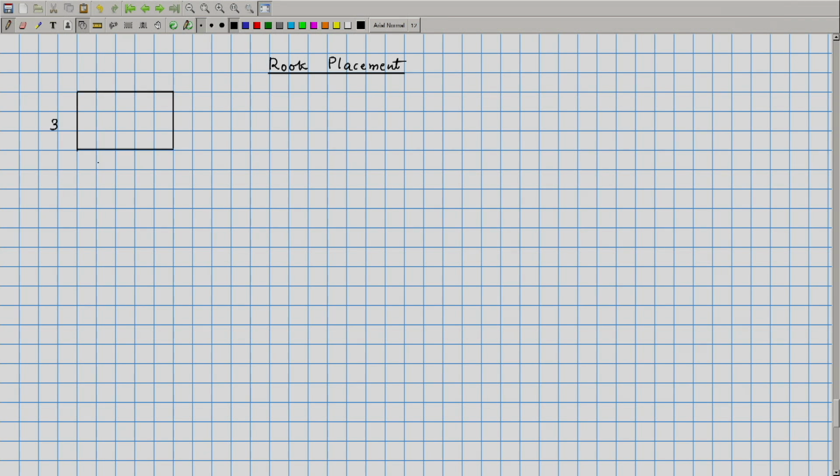So this is a 3 into 5 chessboard. Place 3 rooks on a 3 into 5 chessboard. This is a problem that we will begin our discussion with.